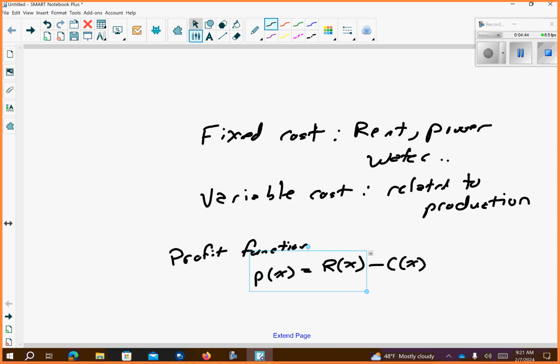So that's basically our profit function. Let's see what certain things are. This is your revenue from sales, and this is the cost of production.